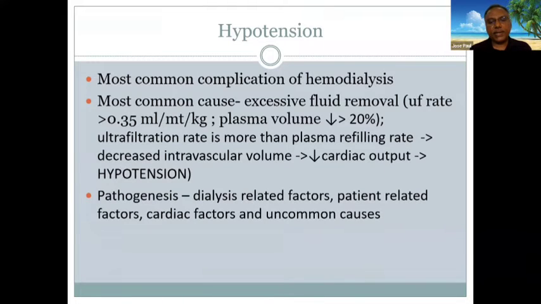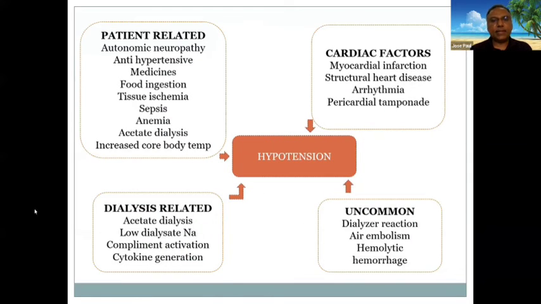There could be dialysis related factors, patient related factors, cardiac factors, and uncommon causes. This cartoon will illustrate what the other causes are. Patient related causes include autonomic neuropathy, especially in diabetic patients, whose sympathetic tone might not be sufficient to support vascular tone, so they can develop hypotension.